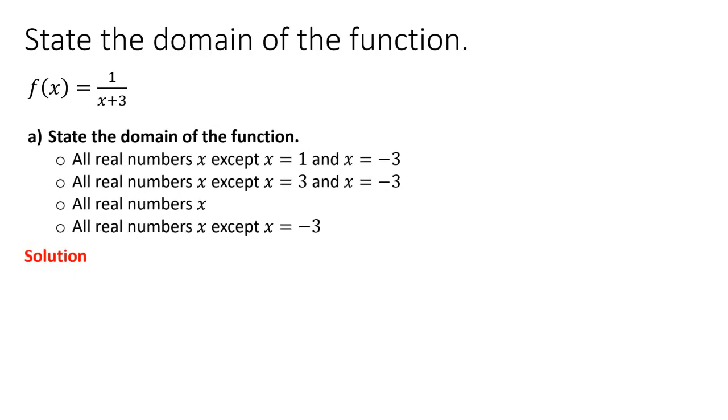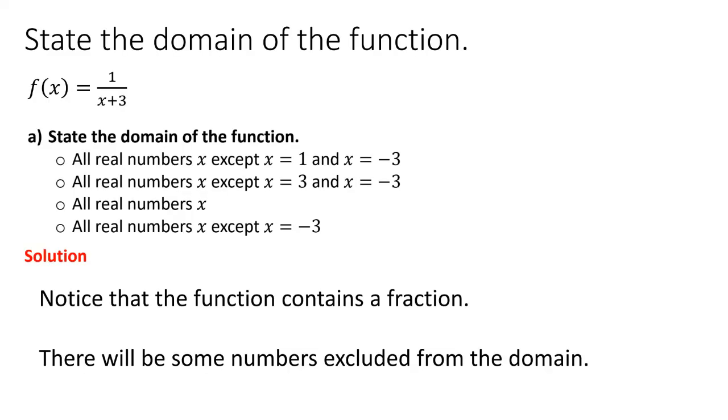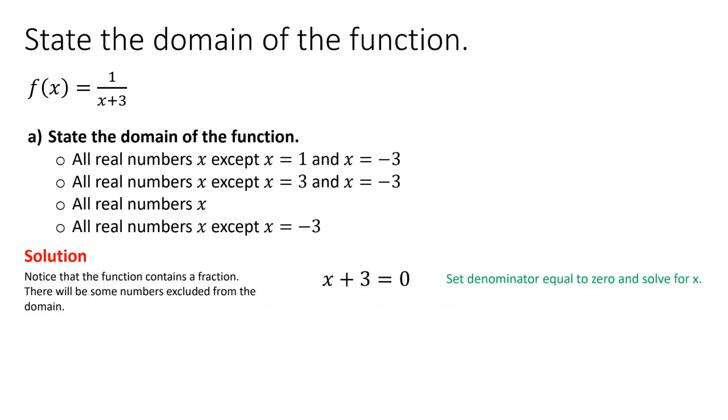All right, so first let's find the domain of the function. The function is a fraction, and there are some restrictions that the domain can have. Whenever we're dealing with a fraction, we never want the denominator to be equal to 0, because if it is, we have an undefined function. So will this function ever have a denominator of 0? If we don't see it, we can set the denominator x plus 3 equal to 0 and find the value of x that will in fact give us 0.